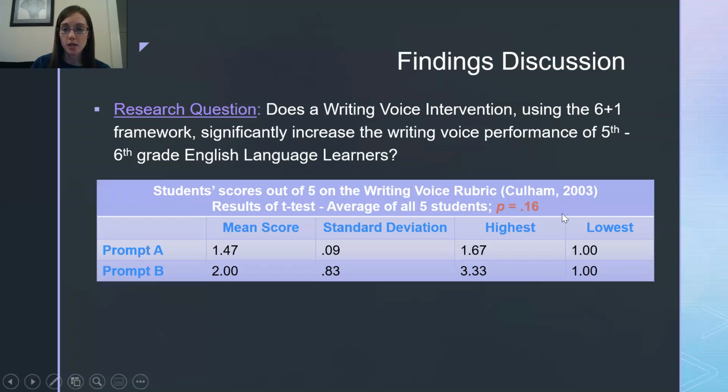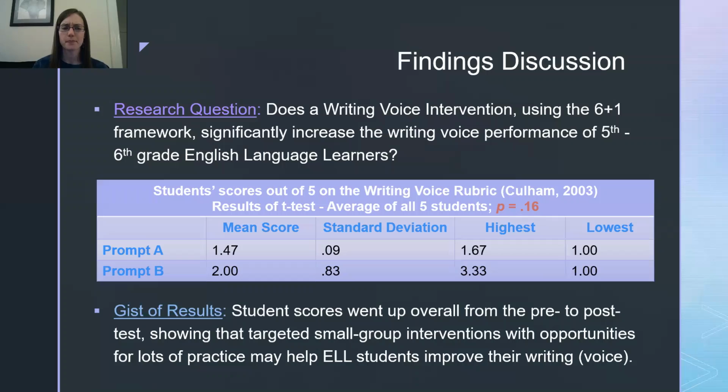The P number here, the significance of the t-test comparing prompt A and prompt B, is very low, so that's not actually any sort of statistical significance, but there was a slight increase even if it's not statistically significant. So that's the basics of the data.